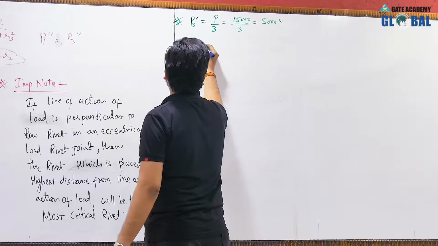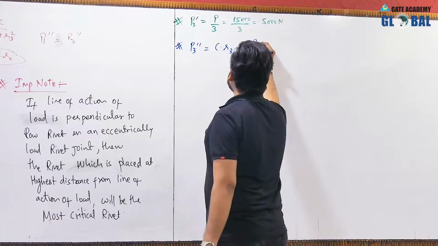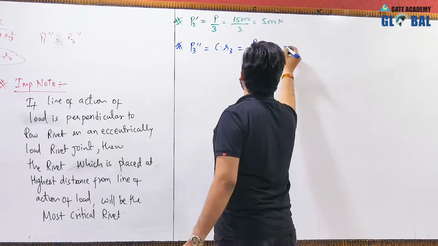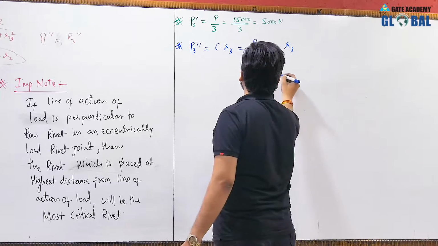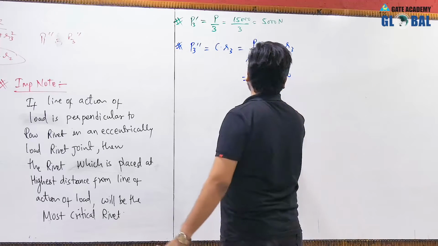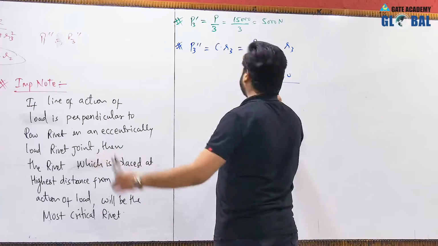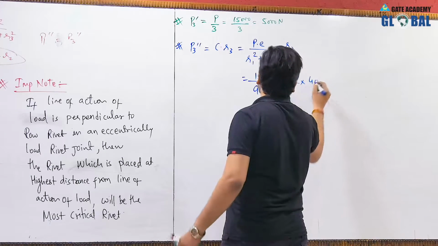So P3 double dash will be equal to C into R3. So this will be P into E divided by R1 square plus R3 square, into R3. P is 15,000, into E, which is 20 mm, divided by R1 and R3, both are 40 mm, so 40 square plus 40 square, into 40.